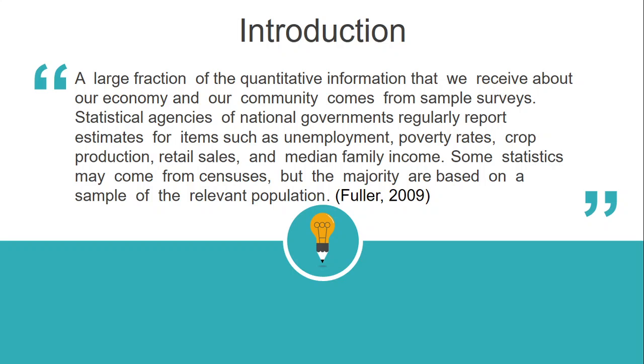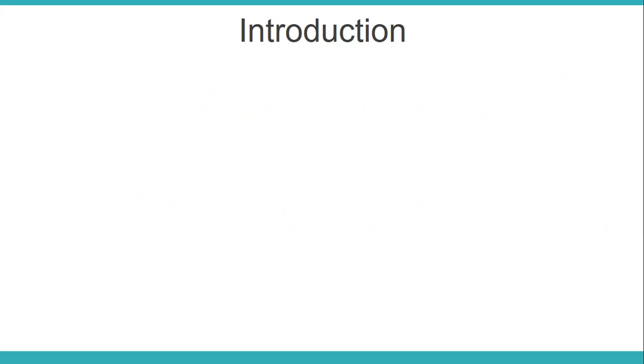They estimate the employment rate, poverty, environmental degradation, production, and median family income. Some statistics may come from the census, but the majority are based on samples of the relevant population. So researchers mostly conduct surveys and collect information from the relevant population.